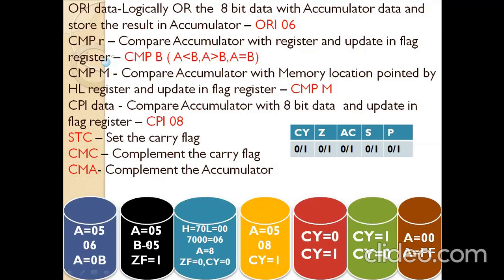If the A value and B value are the same, the zero flag will automatically be set to 1. If A is less than B, the carry flag will become 1. The remaining values will be 0. And if the result has even parity, the parity flag will be 1. Odd parity means this value will be 0.